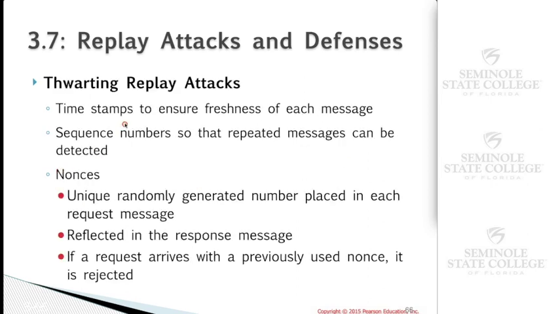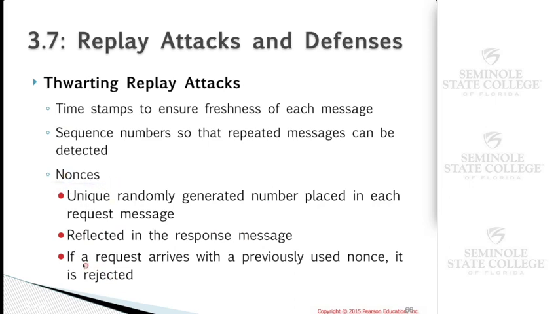What you end up doing to thwart the replay attack is using timestamps. In other words, if you're replaying them, the timestamps are stale now, so it's not going to work. Or you put a sequence number in there, so the messages show up in sequence and they cannot be repeated because you would have broken the sequence. Or you use something called a nonce. A nonce is a randomly generated number placed in each request message, and it's important that nonces are used only once, by definition.